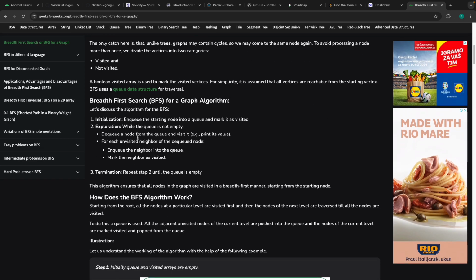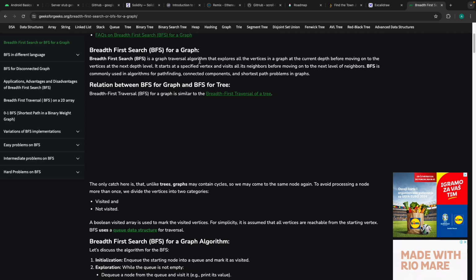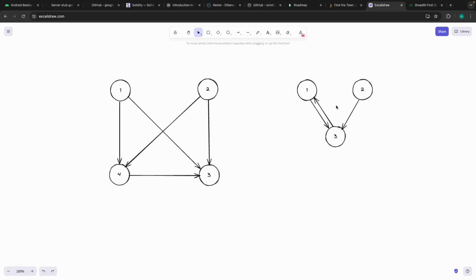Sorry, I forgot it. Vertices and vertex. If we return to some vertex, then we can conclude that we don't have a judge.